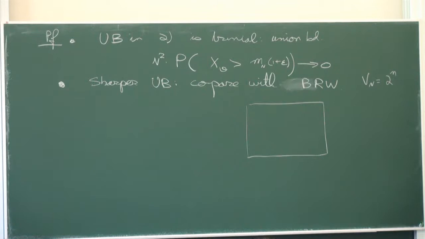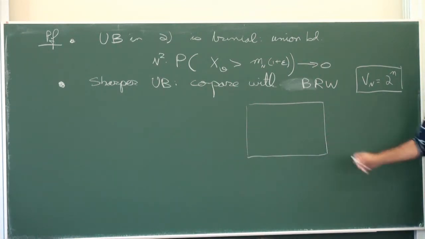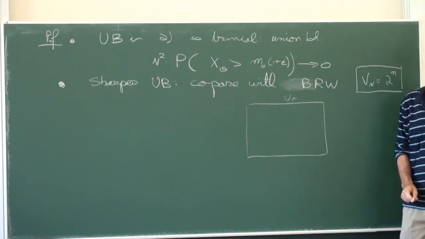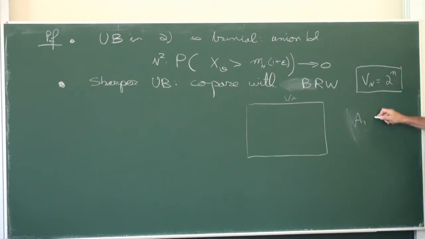We will see that in a moment. But for the moment, let's assume this. So this I will call level 1 of my construction. And I will attach to this box, the box Vn, one random variable. Let's call it a1, which is normal 0, 1.